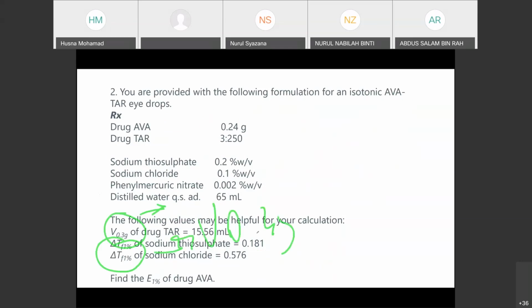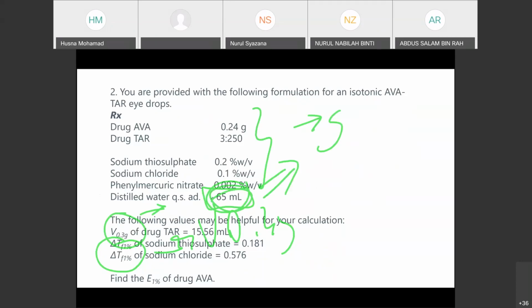And over here the final amount then becomes important. This value becomes very important because your total amount to be isotonic is 65. So everything over here, you have to convert them into gram, based on the amount and the volume here.